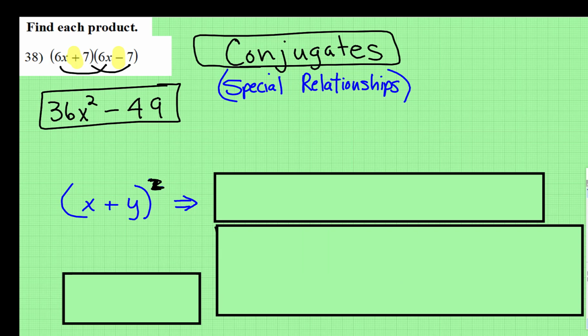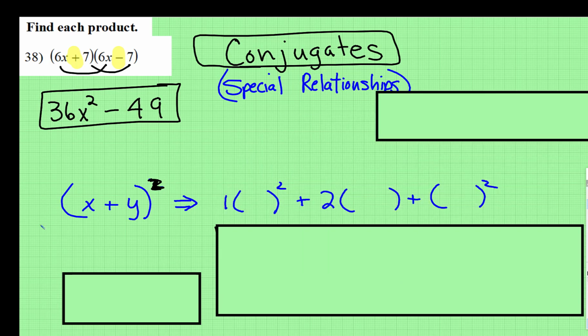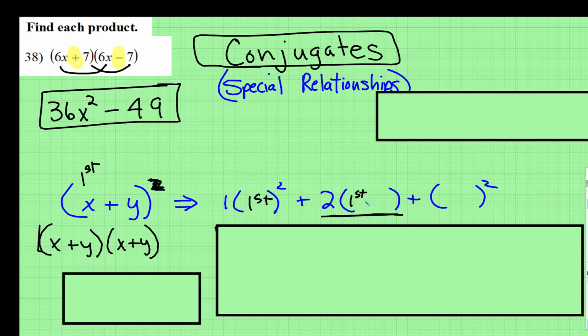But let me go ahead and get back to multiplying. So there's a special relationship that instead of rewriting this as x plus y times x plus y and then doing the double distributive, you can just say, oh, this is a binomial squared. That means the first term gets squared, and this middle thing right here, it's going to be 2 times that first term times the second term.